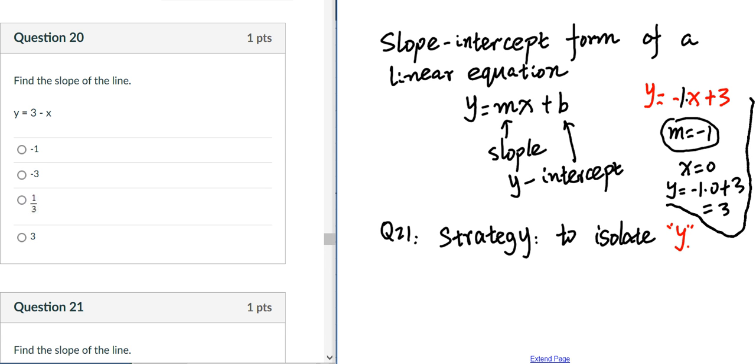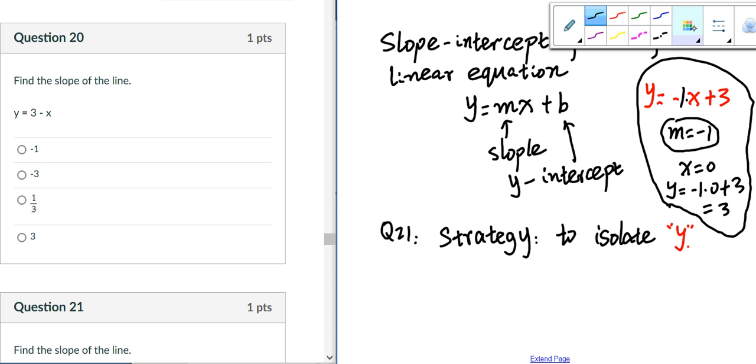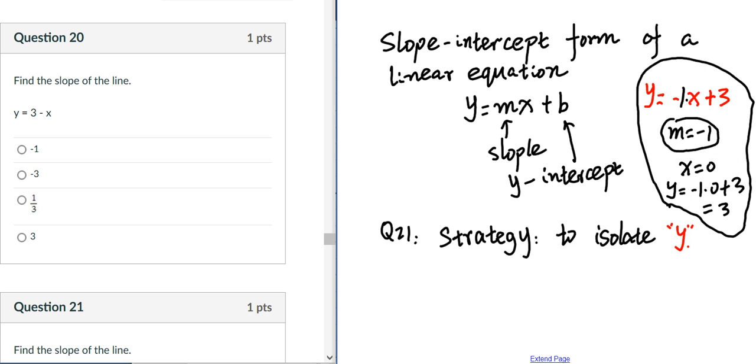This tells us that when x is 0, y has to be 3. So (0, 3) is on the line, and (0, 3) is on the y-axis as well. So (0, 3) will be the y-intercept.